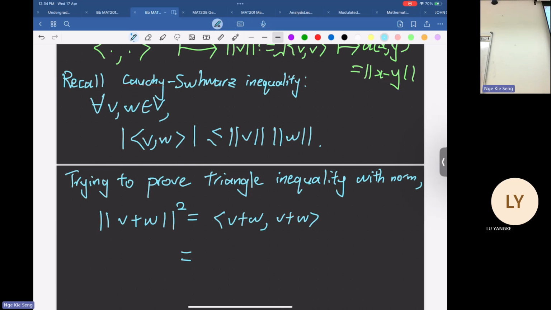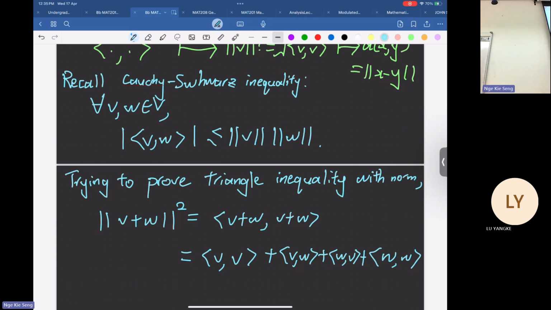What is this inner product? How do we calculate it? We need to use bilinearity. If I quickly compute it, I will get v dot v plus w dot w. In the middle, what do you get? v dot w plus w dot v, right? But what are v dot w and w dot v?